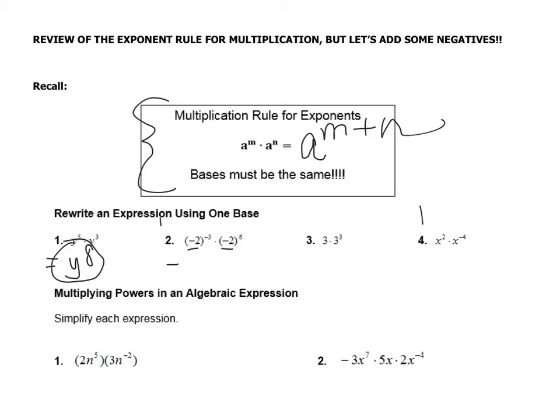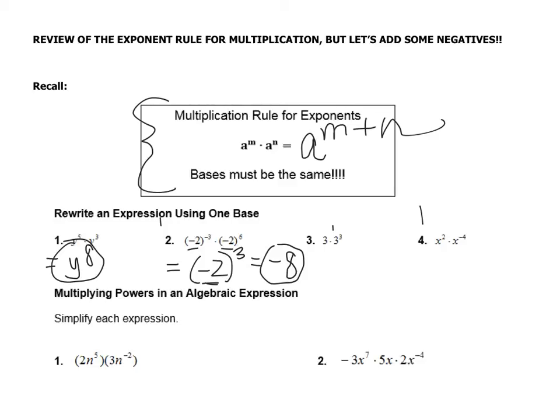In this case, -2 is the base, so the base is going to stay the same. And we're going to add the exponents. -3 plus 6 is the same as 6 minus 3, which is 3. Since we can find a value for this, -2 times -2 times -2 is -8. Whenever you raise a negative number to an odd power, you're going to get a negative answer.